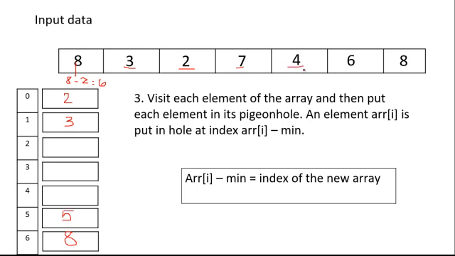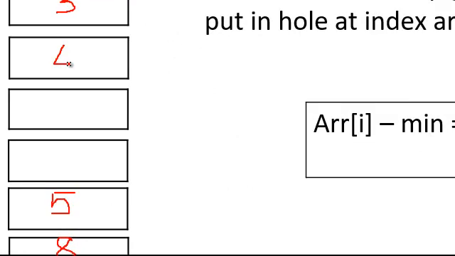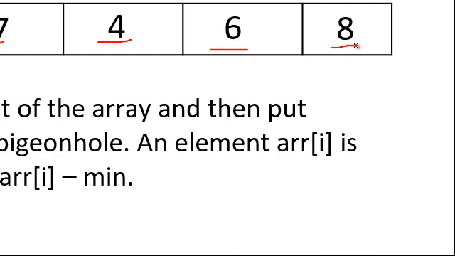Next, 4 minus 2, 2. So this element will be put here in index 2, 4. Next, 6 minus 2, 4. So in our index 4, we will have the 6. Then 8: 8 minus 2, 6.